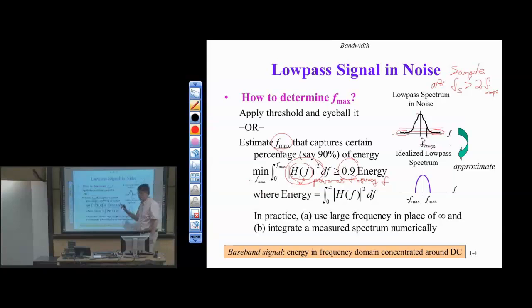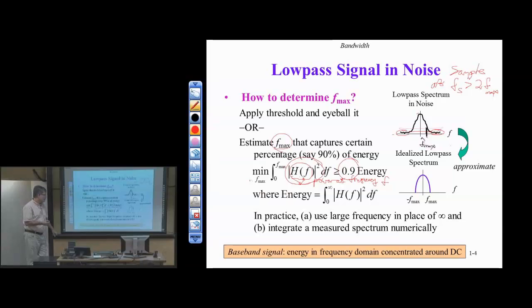If I want to control the amount of aliasing, I can make this 0.99, and now I only have 1% of energy aliasing. So it just depends. It's your choice. How much aliasing do you want to put up with in your system?